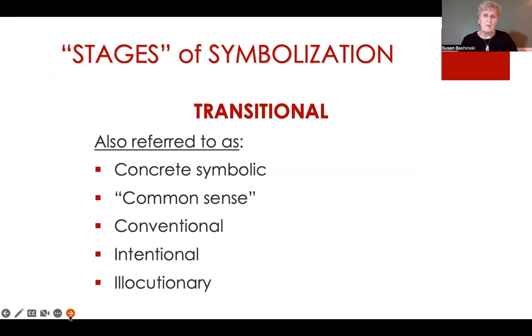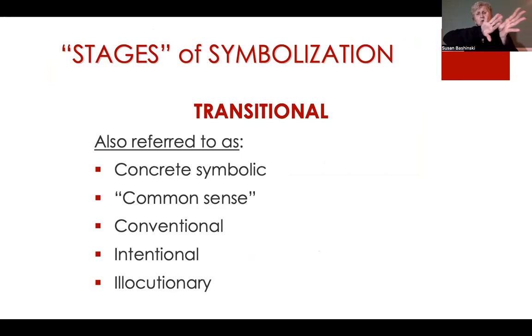And I lost my arrow. So let's look at the next stage. The next stage is called transitional or concrete symbolic. A lot of things start to emerge, and that's why I say these are really blurred lines, but as these things start to grow, object permanence, knowing that if I can't reach something, I can climb up, I can pretend to put the socks on my stuffed animal.